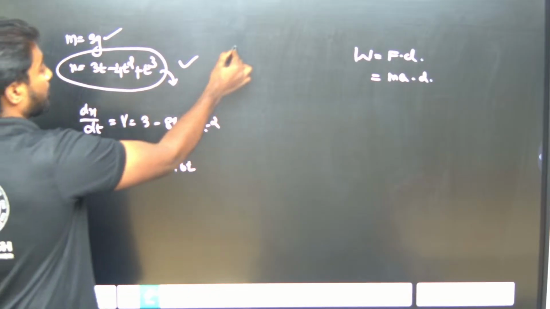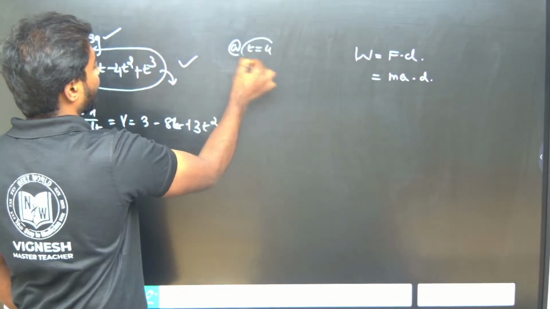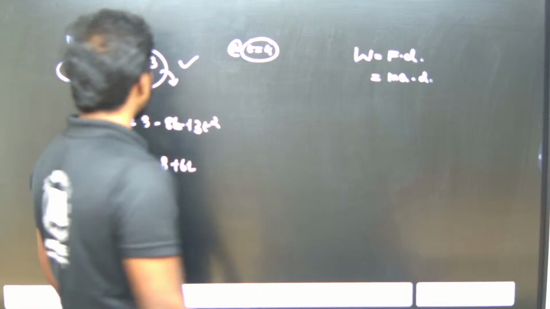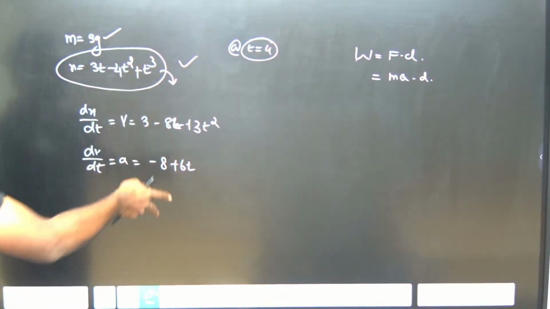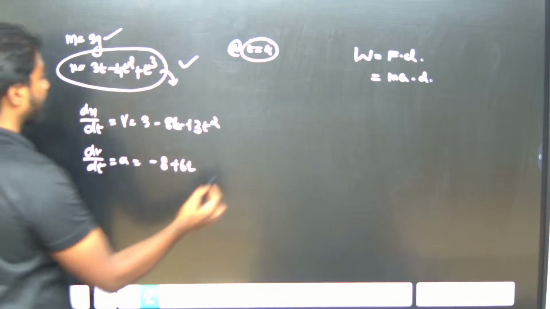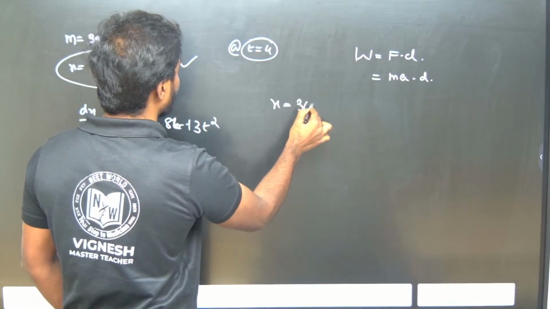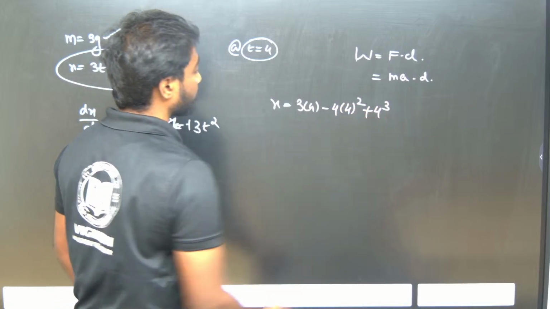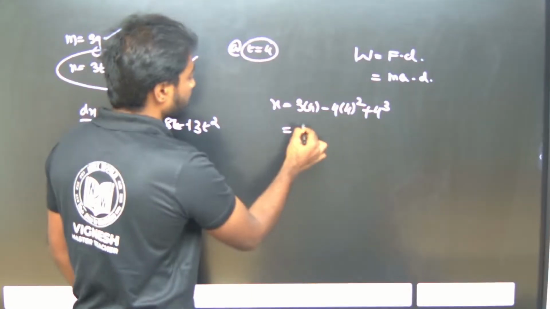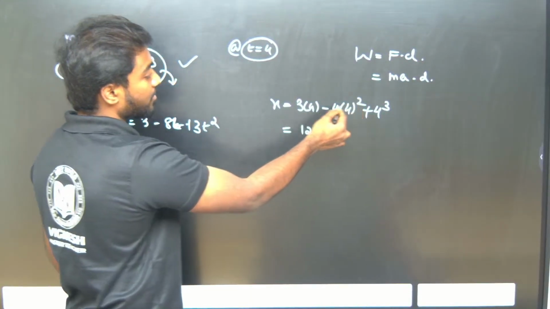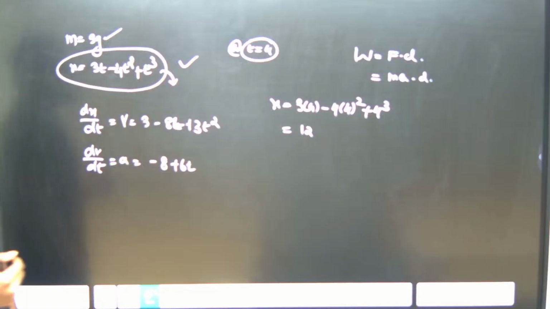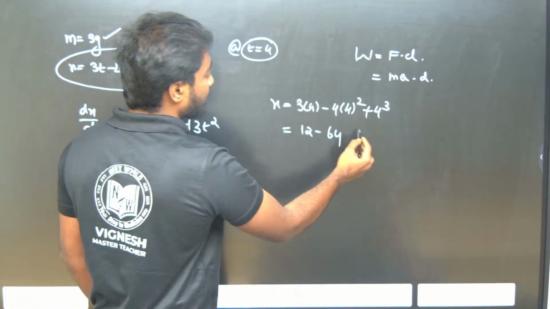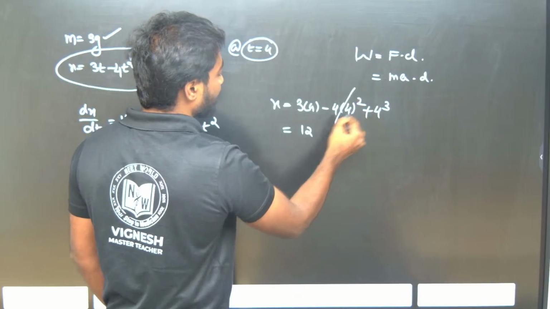So t is equal to 4, so I can substitute the values in x and a. x is equal to 3 into 4 minus 4 into 4 square plus 4 cube. This is 12, minus 64, plus 64, so these cancel off.